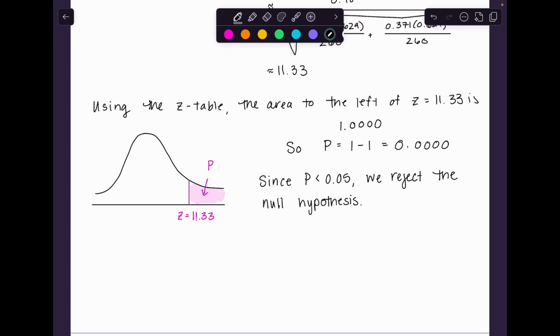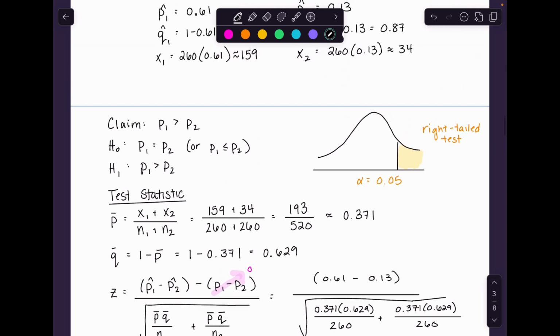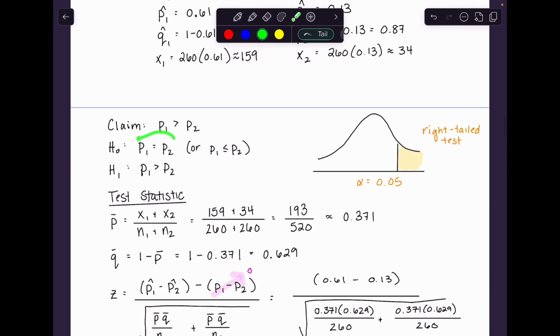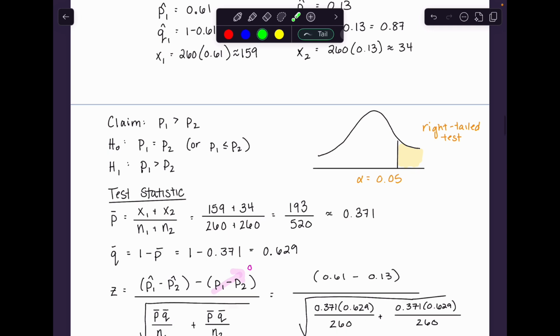Okay. So if I go back to what that null hypothesis was, it was that the two proportions are equal, meaning they leak viruses at the same rate. But in this case, we're rejecting the null hypothesis, so there's sufficient evidence for our actual claim, which is that vinyl gloves leak more viruses than latex.